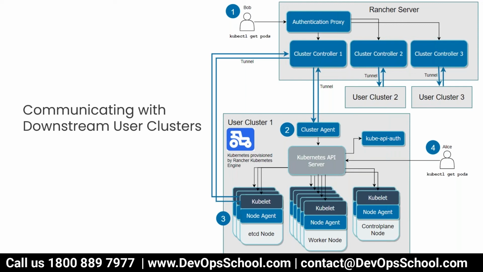Then the API server sends the request to the kubelet, and from the kubelet the response is tunneled back to the cluster controller of the Rancher server. So that is how the total communication happens. Okay, so this is the entire architecture.